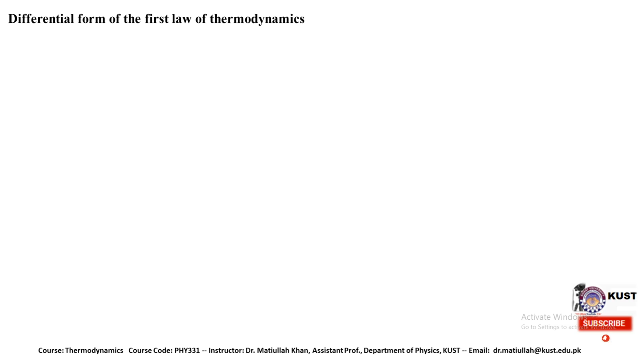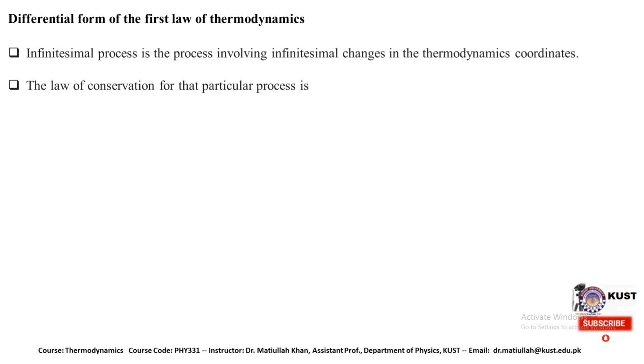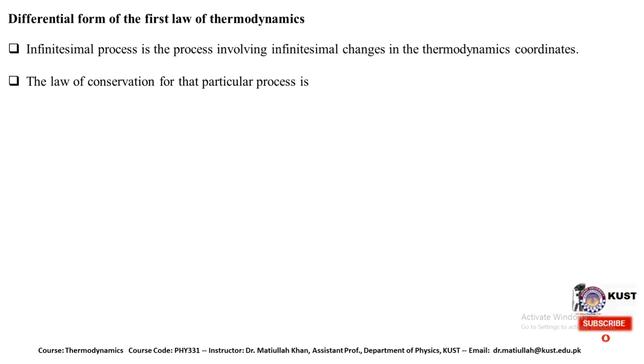The first part of this lecture is devoted to the differential form of the first law of thermodynamics. We know that if there are infinitesimal changes occurring in a process and there are infinitesimal changes occurring in thermodynamic variables or coordinates, then the process as a whole is called an infinitesimal process.